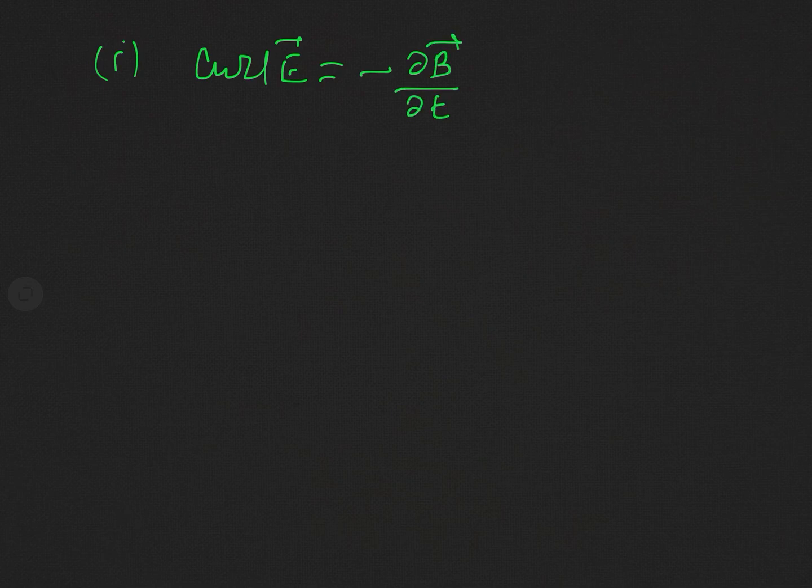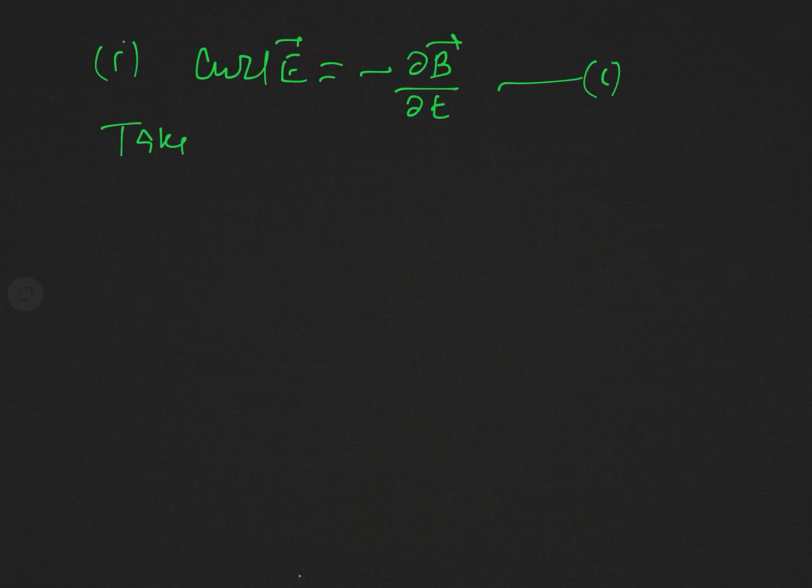So let us start from Maxwell's first curl equation. We have curl of E equal to minus del B by del T. We know it, or in our problem it is given. Say this is equation 1. Now let us take divergence of this equation 1.